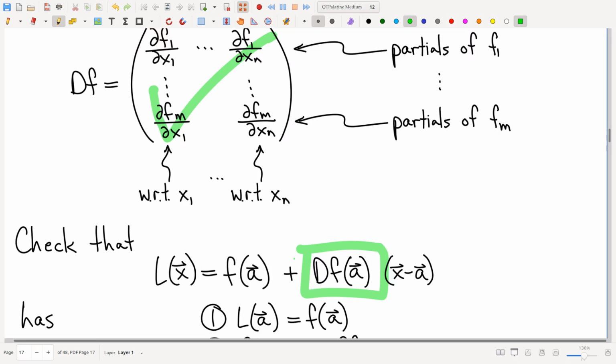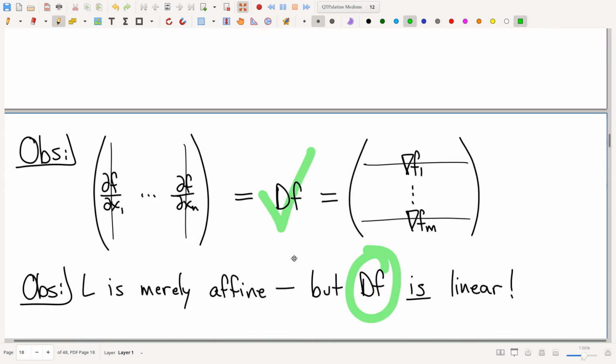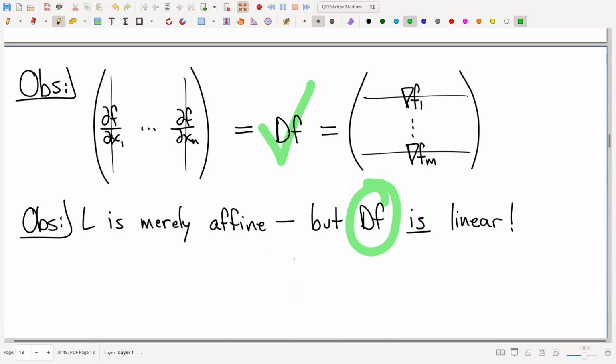That's the magic trick. DF is the thing that makes this work. And that by itself, if you ignore what else is going on in the function, being a matrix, it's linear. So even though L is not linear, DF is.